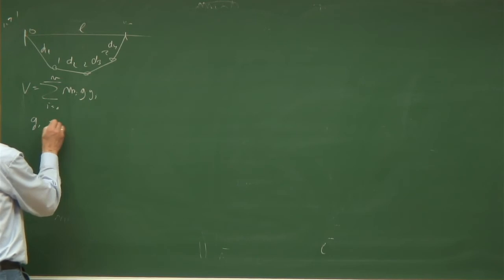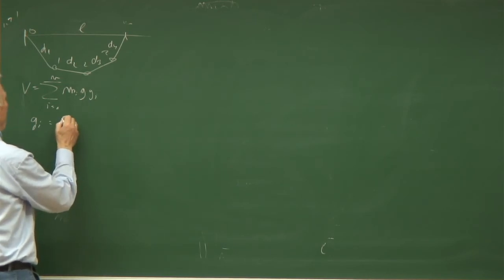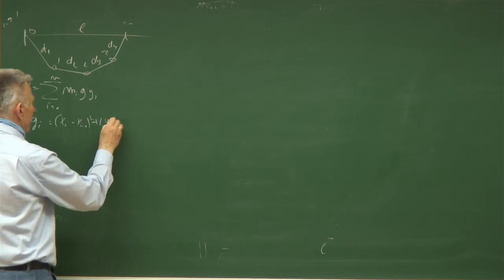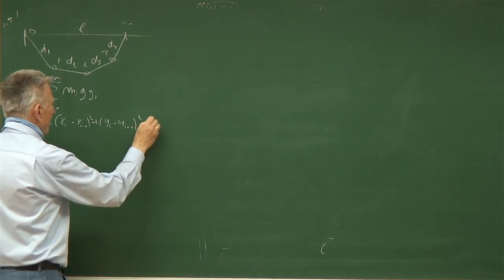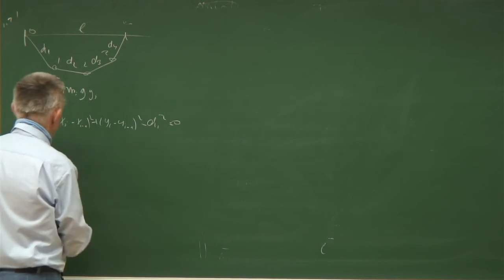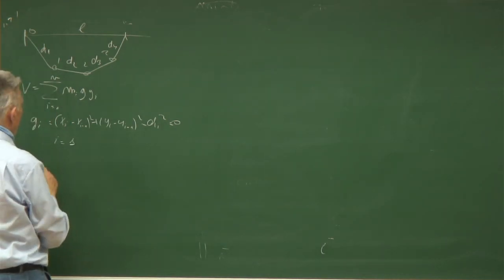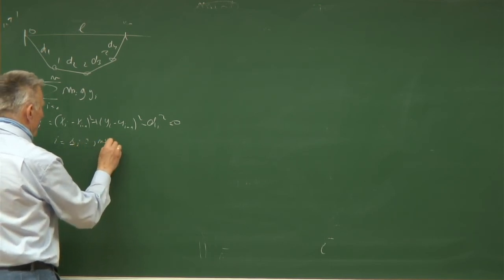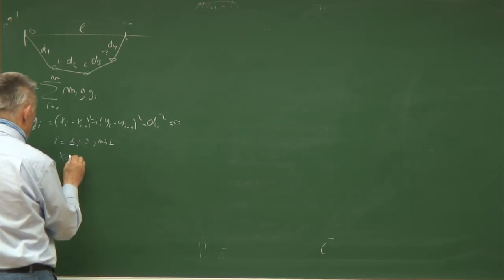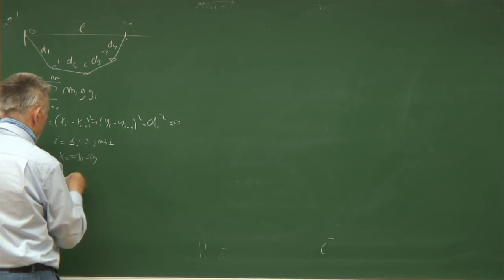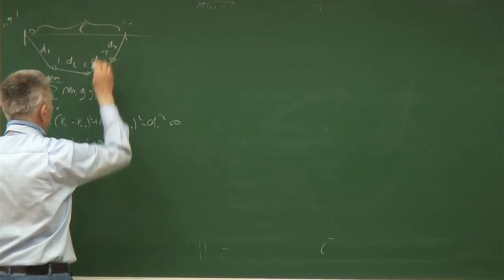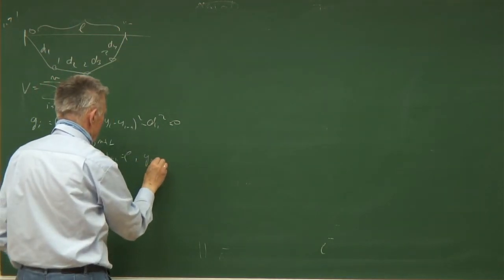Okay. So, and g_i equals x_i minus x_{i-1}, and so on, for i from 1 to n plus 1, such that x_0 equals y_0 equals 0, and x_{n+1} is equal to L, and y_{n+1} is equal to 0.